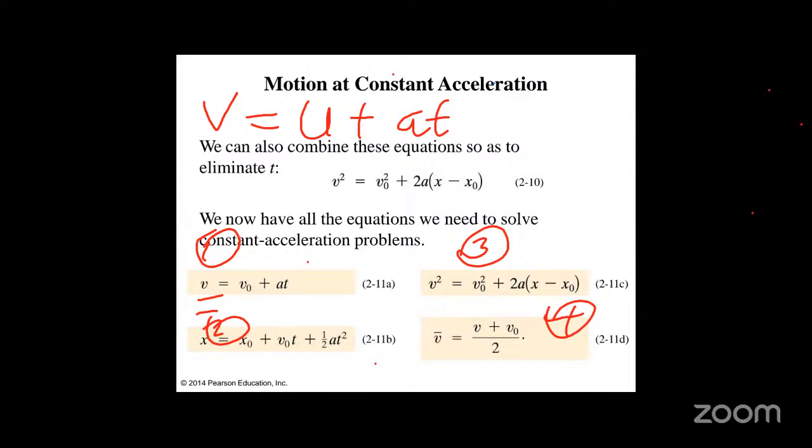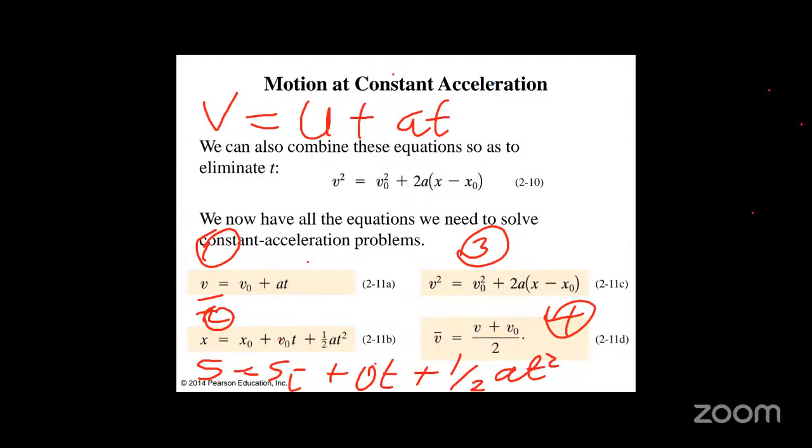Now, for the second equation, we have x is equal to x naught plus, let me rewrite this in the way that you know in your O level. This is mostly written as x is equal to xi plus ut plus half at squared.